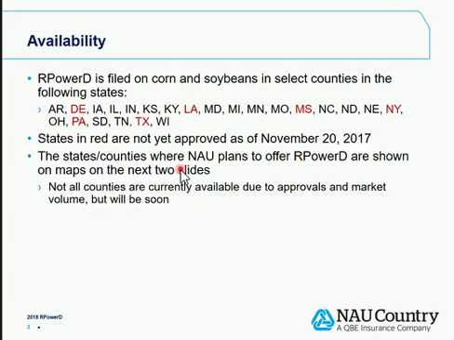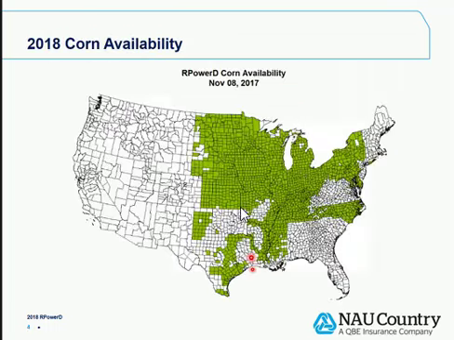You'll also note on the map there are some counties in the states that are not included. Basically those are counties where there's not enough data, or enough crop typically planted in total, to establish good rates. These are the states and counties currently approved for RPowerD, and that doesn't mean all these states are approved yet.